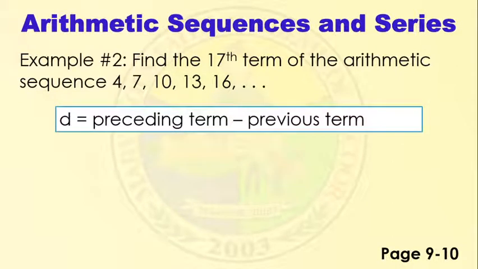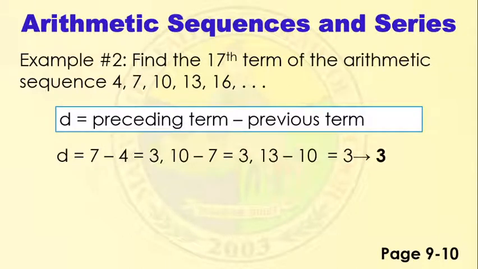Isusubtract natin si preceding term kay previous term. 7 minus 4, the answer is 3. 10 minus 7 is 3. 13 minus 10 is 3. Kapag itutuloy mo pa ito, 16 minus 13, ang sagot po niyan is 3. So, meron tayong common difference na 3.